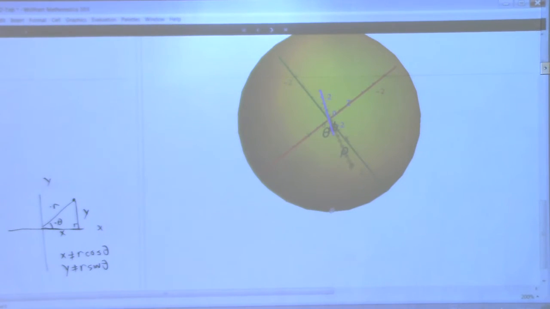Because rho is like the length of that orange thing. Phi tells me how far I'm going out, how far I walk out that way. So you have to give me rho and phi. If phi is really small, your x coordinate is very small. If phi is larger, your x coordinate is further out. And then theta turns me, right?